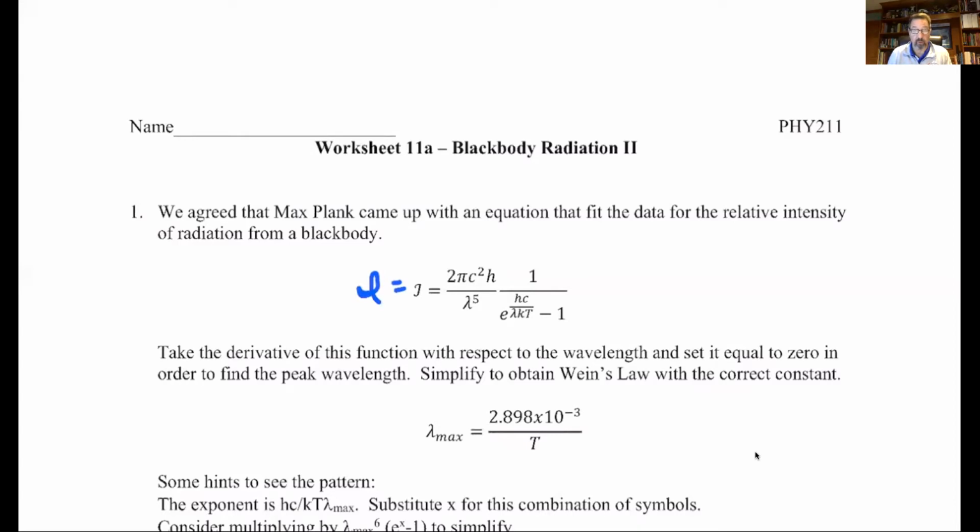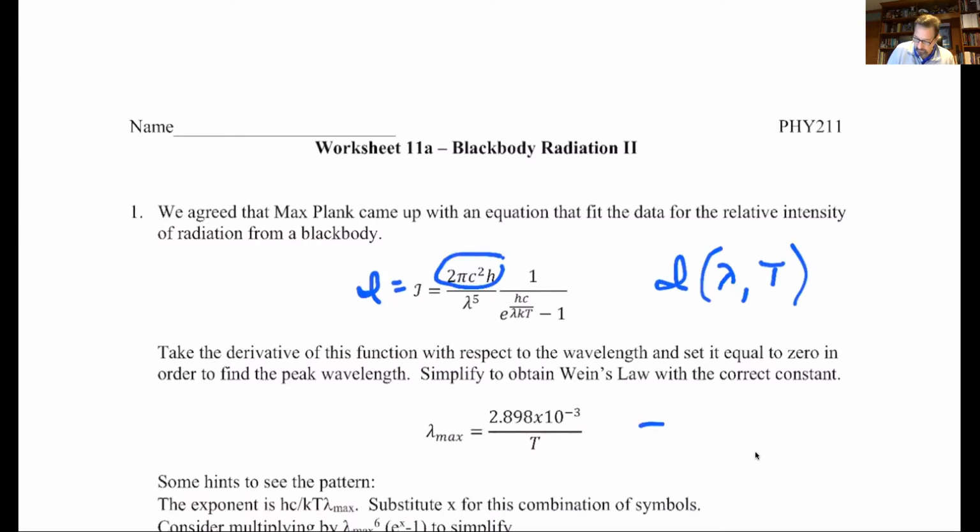This is Planck's distribution, okay? You've got a bunch of constants, and it's a function of both wavelength and temperature, okay? And what we want to get out of that is Wien's displacement law, which is this guy right here.